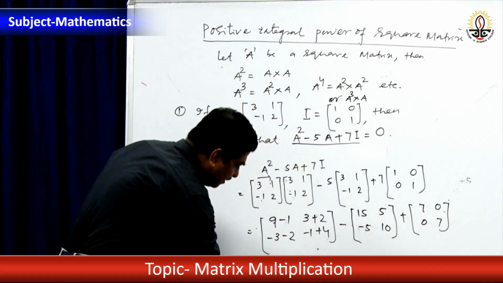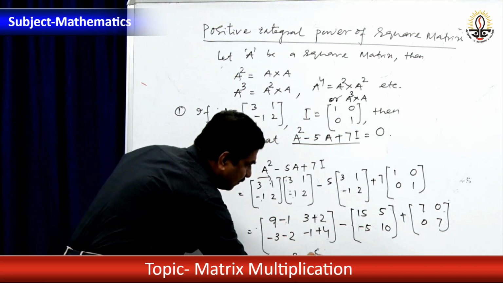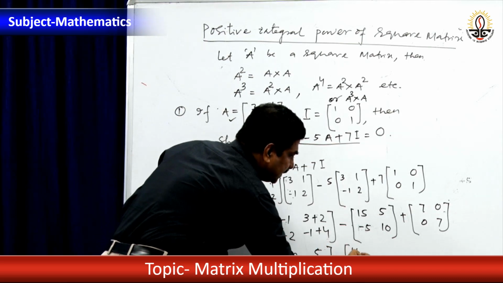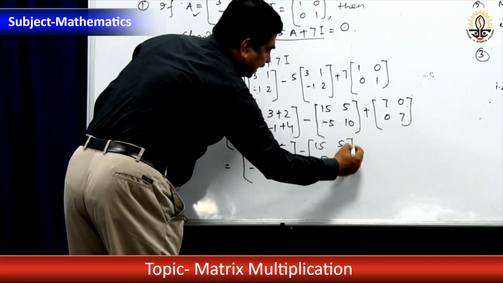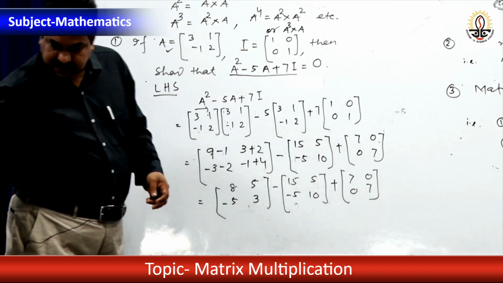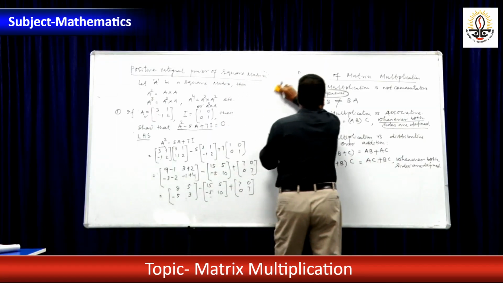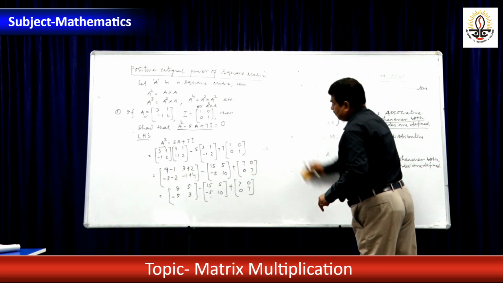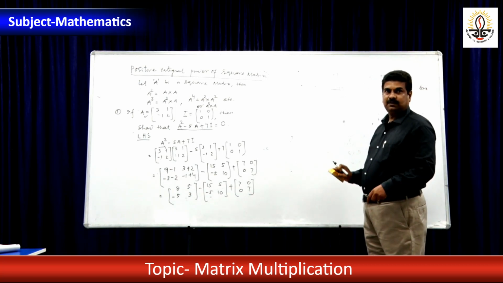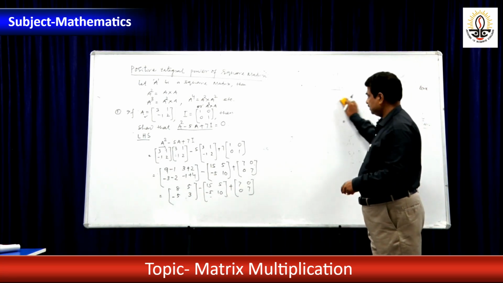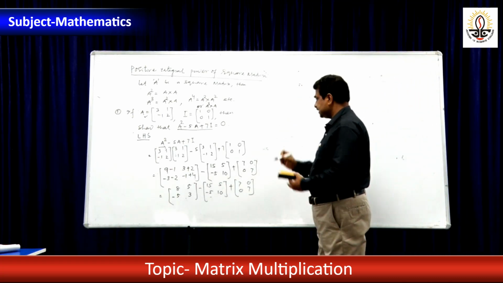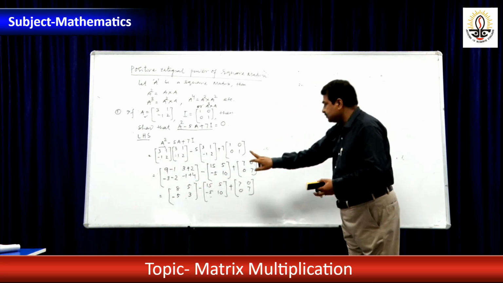Now let us see what happens. Look at this part: [[8, 5], [-5, 3]] minus [[15, 5], [-5, 10]] plus [[7, 0], [0, 7]]. So this is equal to 8 minus 15, which is minus 7.